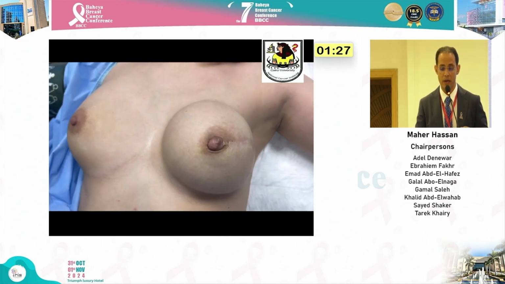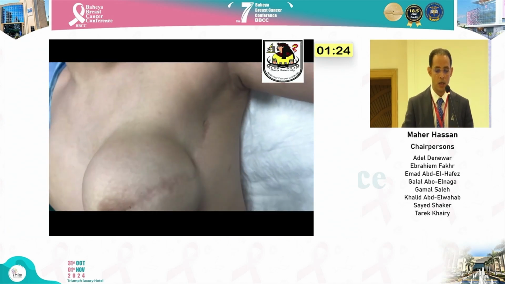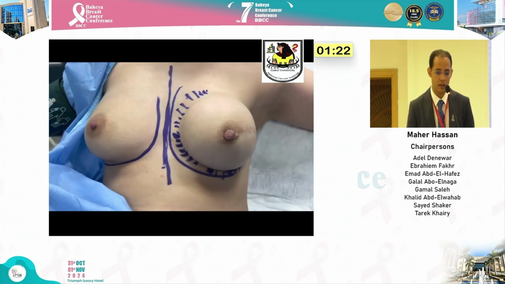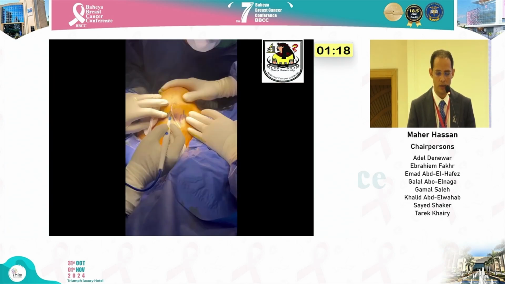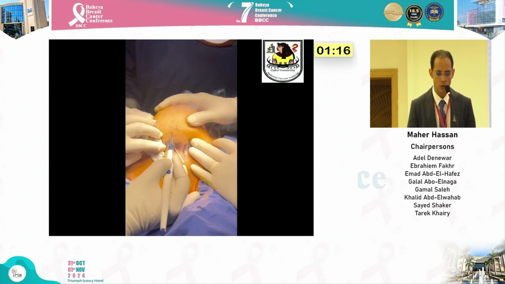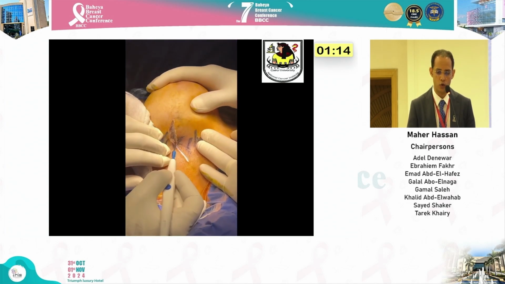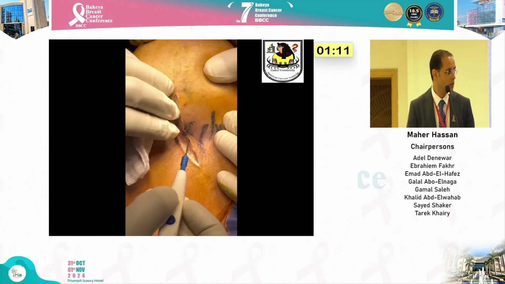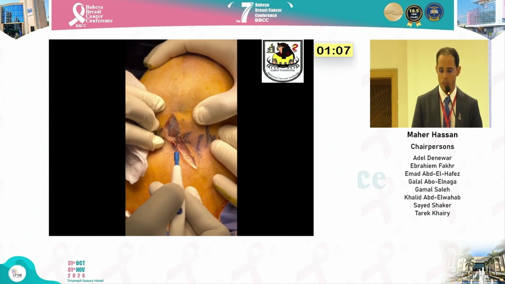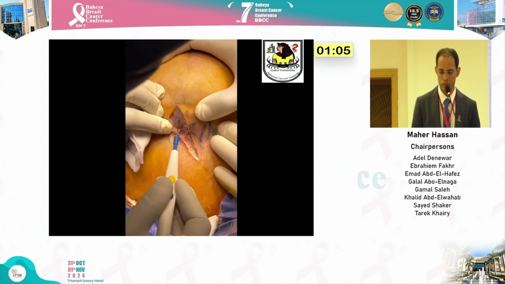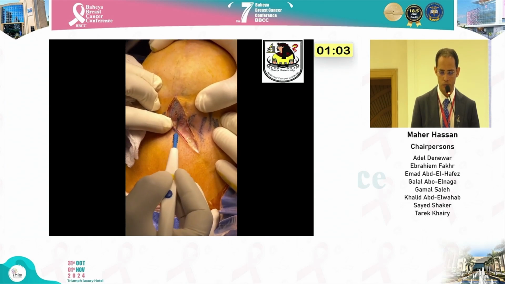And we managed this case with capsulotomy, and we explanted the implant and did capsulotomy and removed a large part of the mesh, and then put the implant in again in this rapid video. This is the mesh.